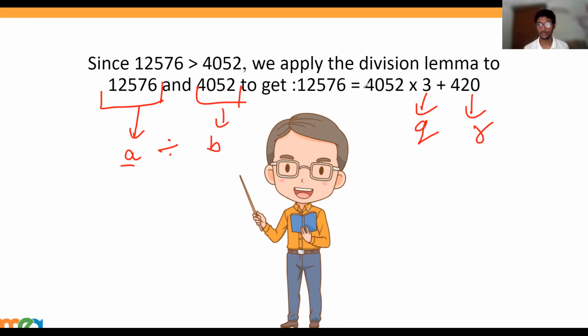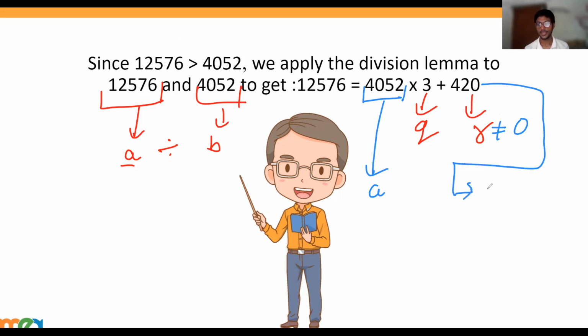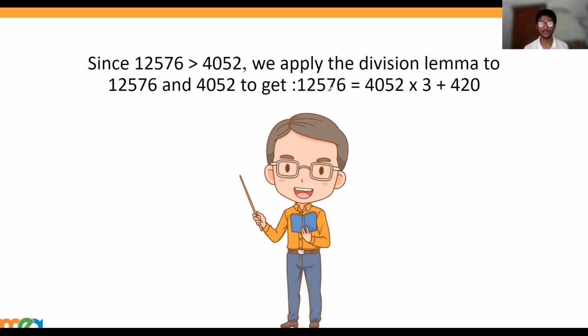Since the remainder is not equal to 0, we will assign this value as new A and this value as new B. Again, A will be divided by B. We will continue the process until we get remainder 0.